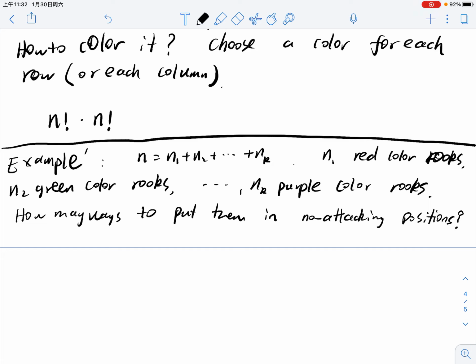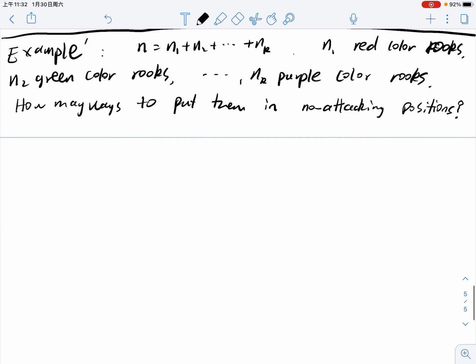And note that here, if the rooks have the same color, we cannot tell which one is which. So they are indistinguishable. They are identical.